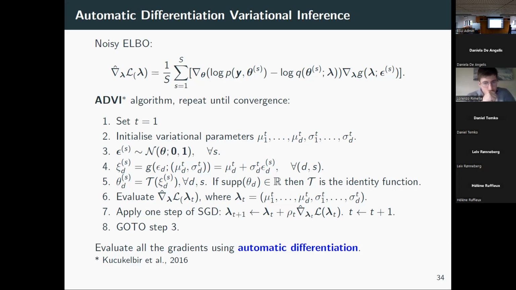If you look at the algorithm, all you need is some differentiable function. That's basically it. Here we have chosen a Gaussian variational approximation, but because of that T, the posterior approximation is no longer Gaussian. That's the important thing.